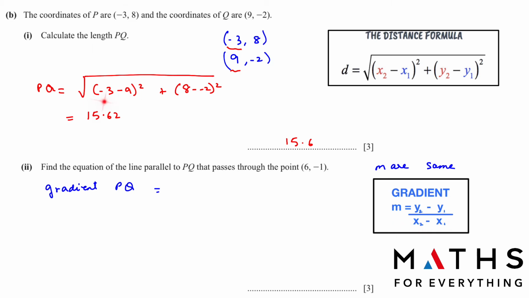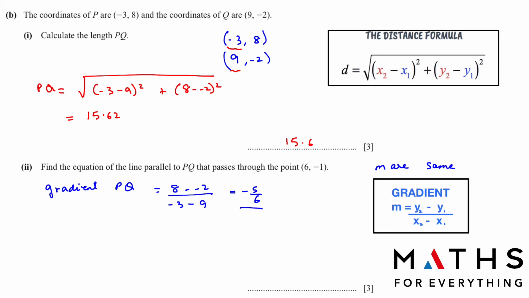In this case we took the x first, now we are going to take the y first. So 8 minus minus 2 over negative 3 minus 9. I'm using the same order here. This will give us negative 5 over 6.